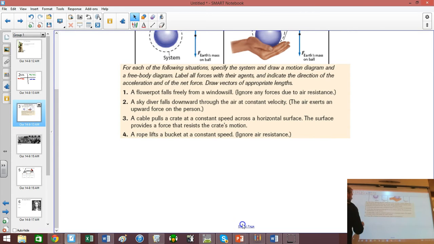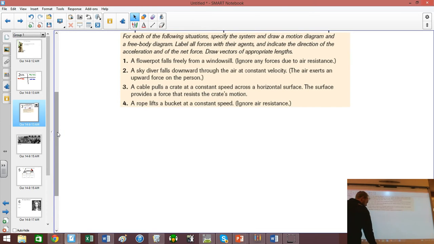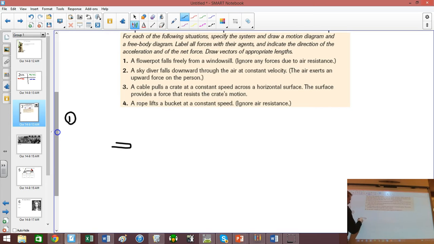The first one says a flower pot falls freely. Ignore air resistance. So for number 1, we're going to draw a flower pot, and this flower pot is falling freely.